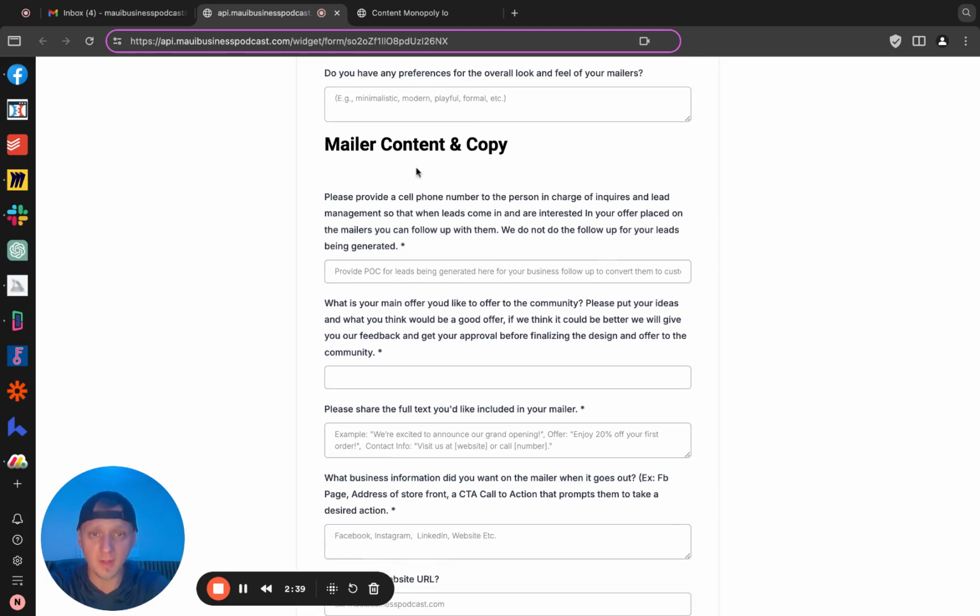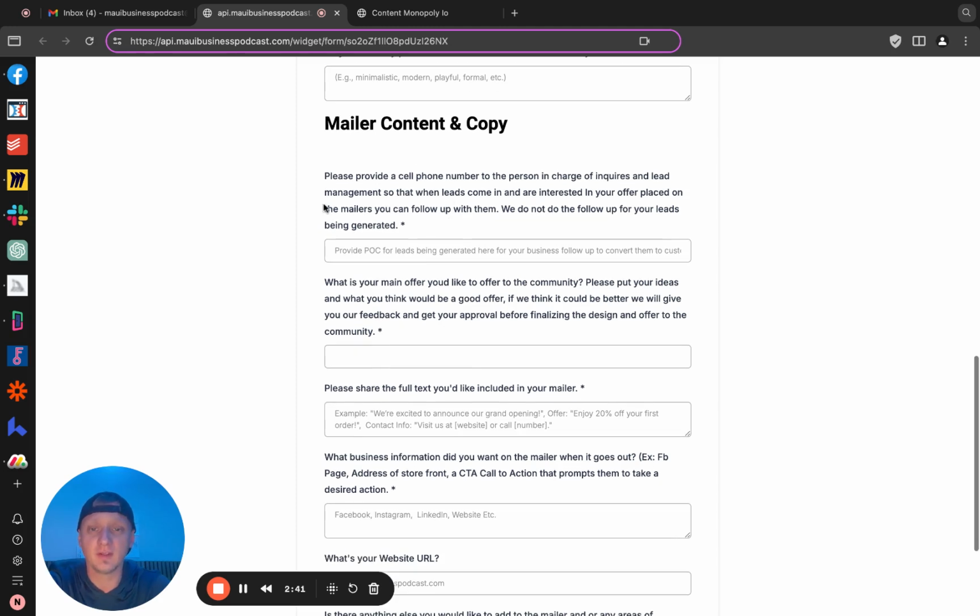Now, mailer content and copy. This is the most important thing for me as a business owner. The reason I say that is because the whole purpose of this is to get people into your business and to generate leads, right? So in order to generate leads, how do we do that? We need to have, which is what the mailer is going to have, a QR code on here.